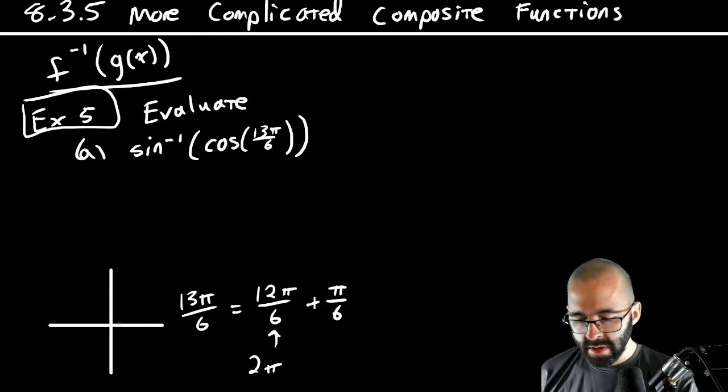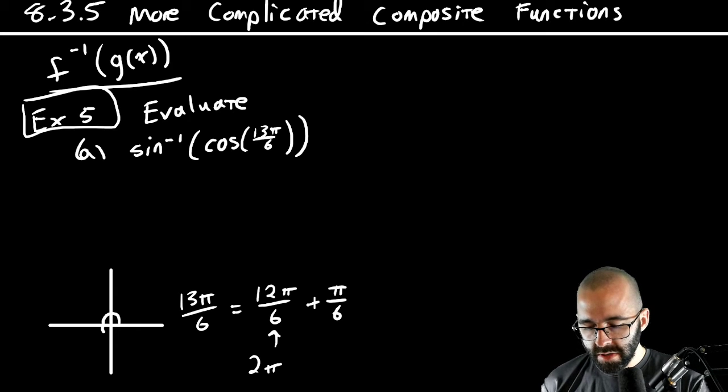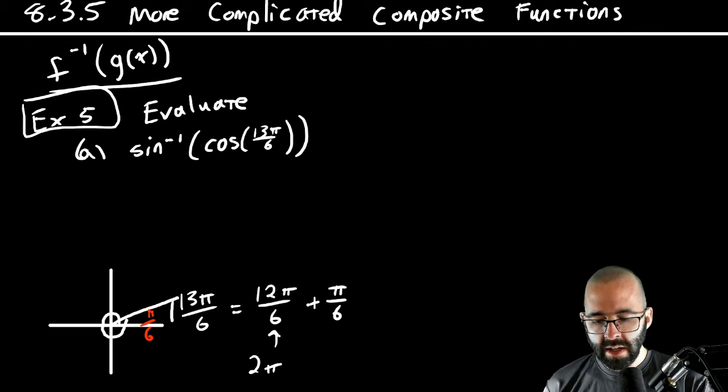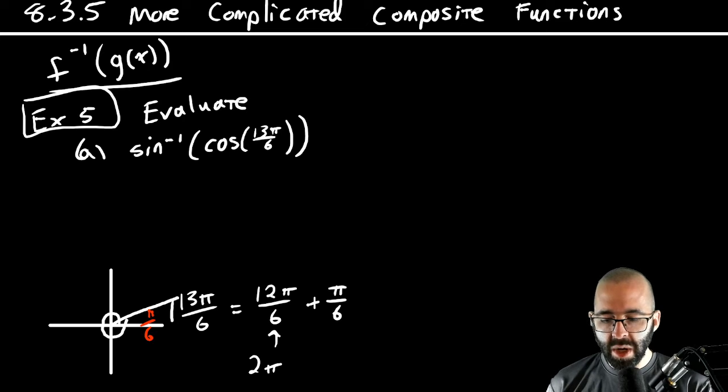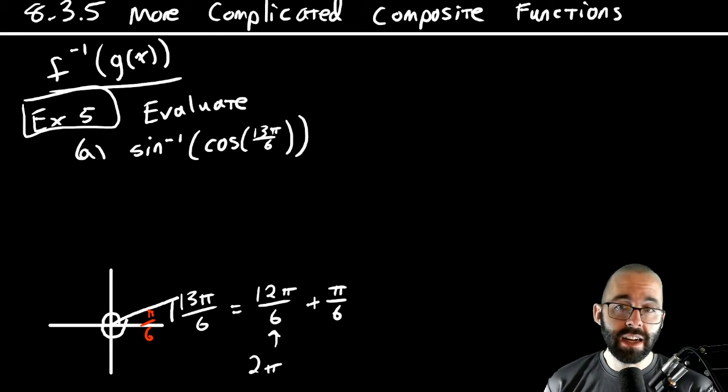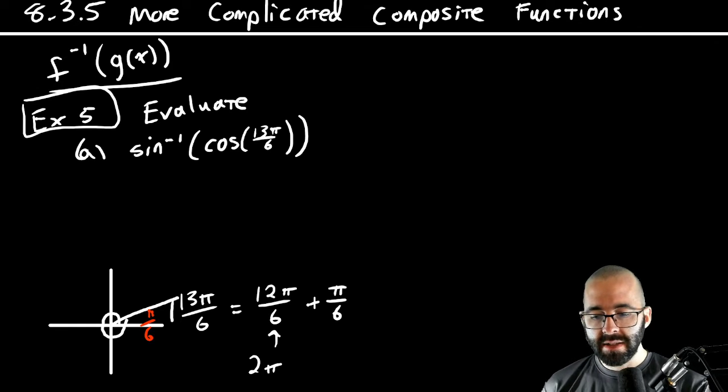So we go all the way around 2 pi and then another pi over 6. Our reference angle is pi over 6. So it's the inverse sine of the cosine of pi over 6. What angle in the range of inverse sine is going to give us that?